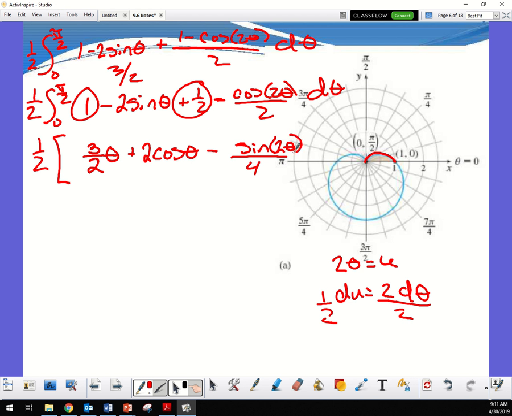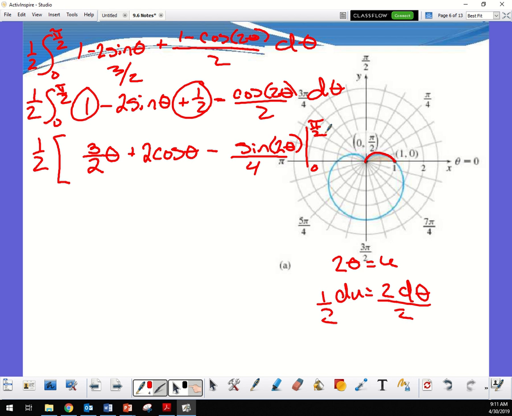Put it back in there, right? And that's from 0 to pi over 2. Are we okay still? We okay? So if I said something funky, let me know.